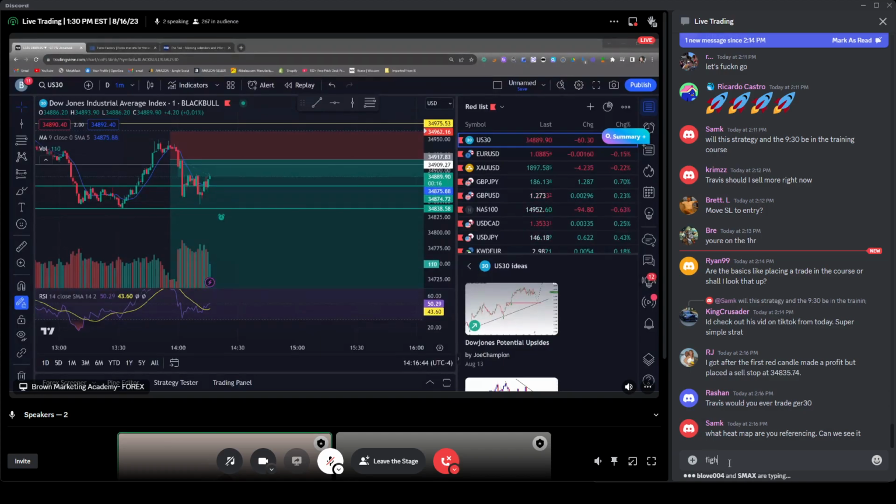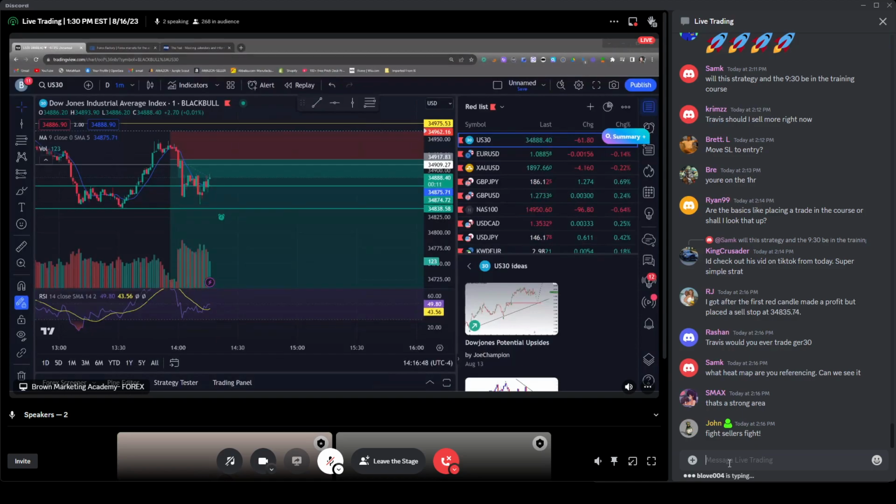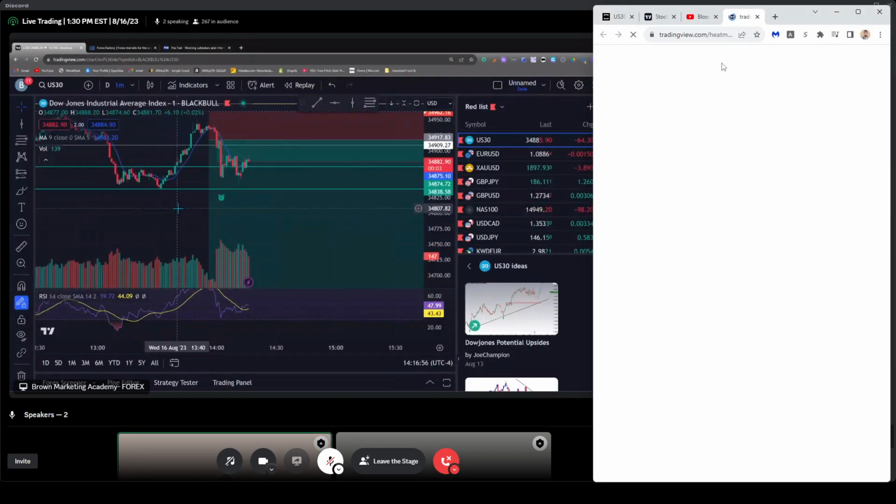Here, this heat map here. I'll put it in the chat now. Yeah, this is a very strong area. But once we break out of that, should be smooth sailing to the downside.